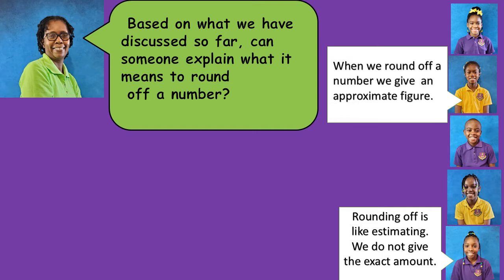And Danielia is saying when we round off a number, we give an approximate figure. Do you agree with Esther Marie and Danielia? All right, very good. Indeed, they are correct. Rounding off is estimating, and rounding off is also giving an approximate figure. It's basically the same thing. All right, very good.